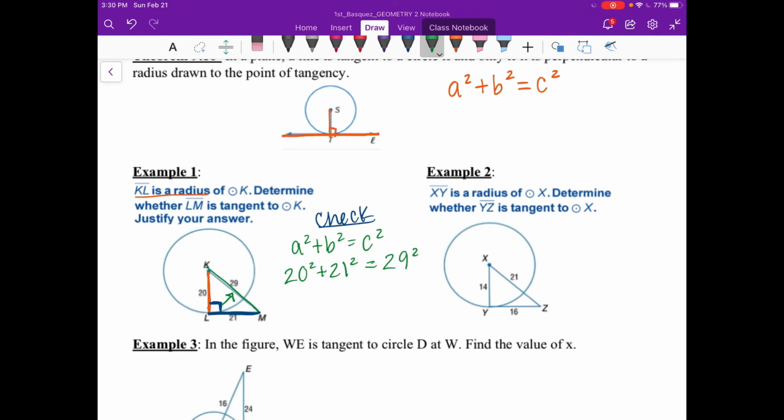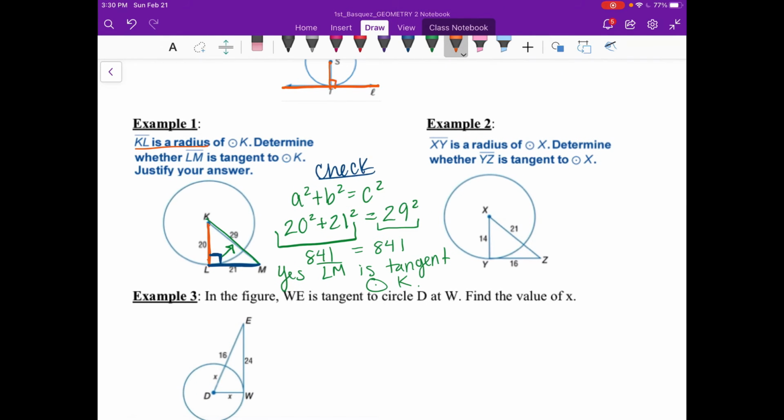In this case, when I enter this in my calculator, I get 841. And when I enter this in my calculator, I also get 841. So yes, LM is tangent to circle K. Okay, so we're going to do the same process for example 2, see if this creates a 90-degree angle by checking using the Pythagorean theorem. 14 squared plus 16 squared, does that equal 21 squared?